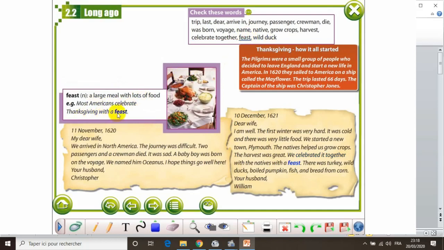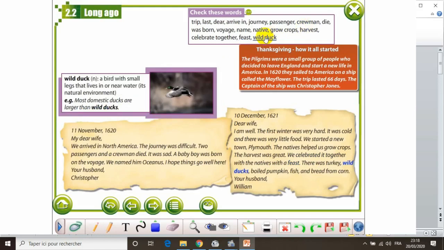Okay? Feast. And wild duck. Wild duck. A bird with small legs that lives in or near water, in its natural environment. Most domestic ducks are larger than wild ducks. Anyway.